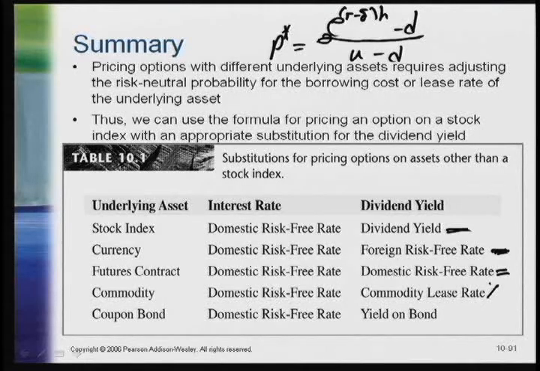Commodities we'll ignore because they're not on this particular exam. And for a bond, it would be the yield on the bond, logically, just as it is the yield on a stock. So it gives you a simple way of remembering what P star is for the three most important contracts of this chapter. And of course, if one's dealing with a stock with no dividends, then delta is simply 0.